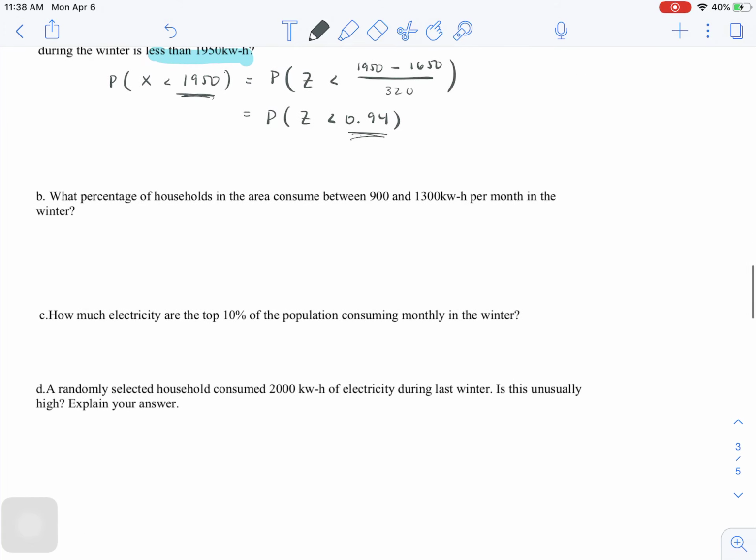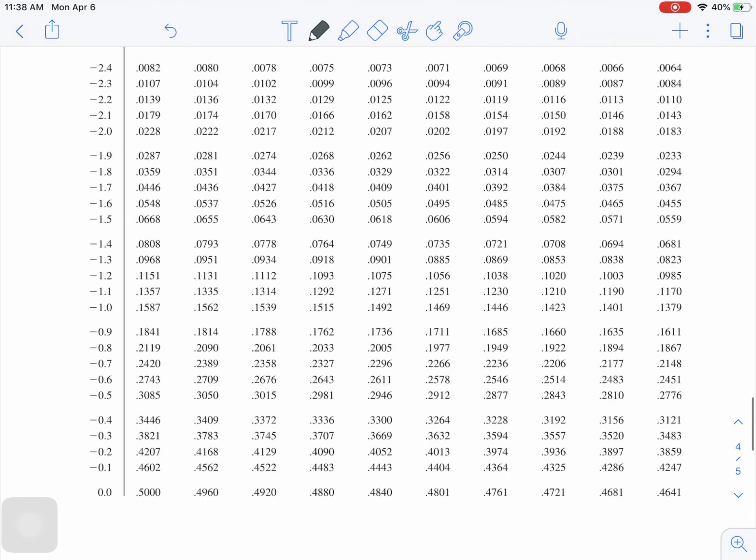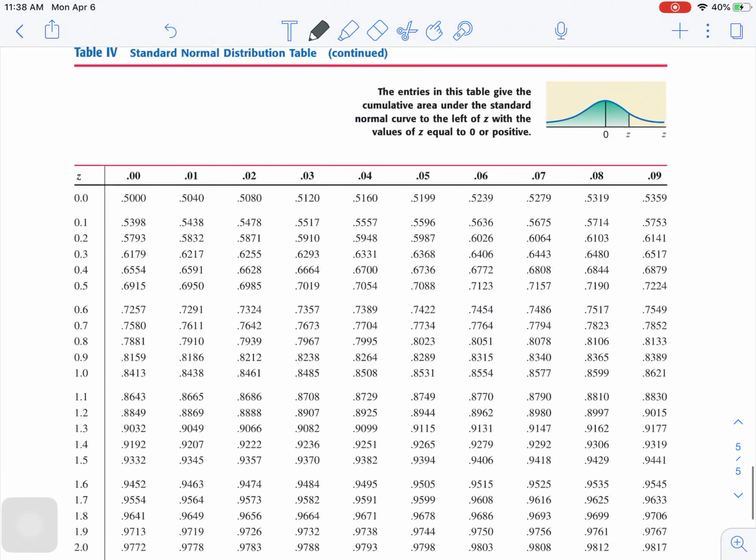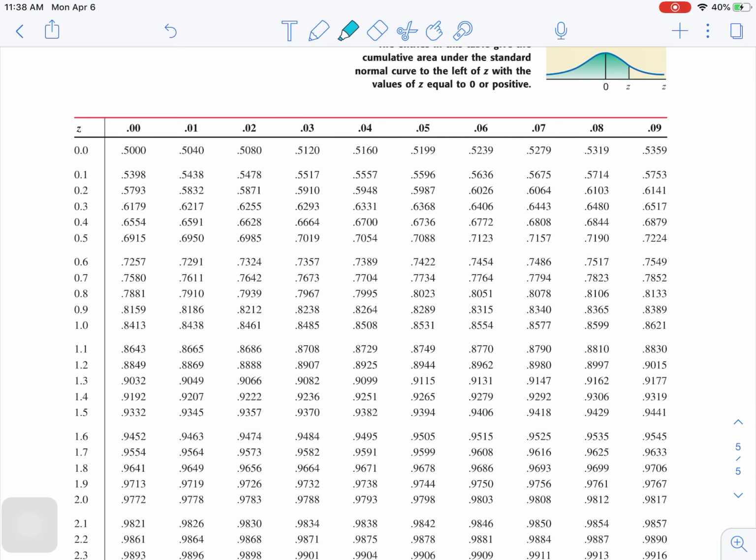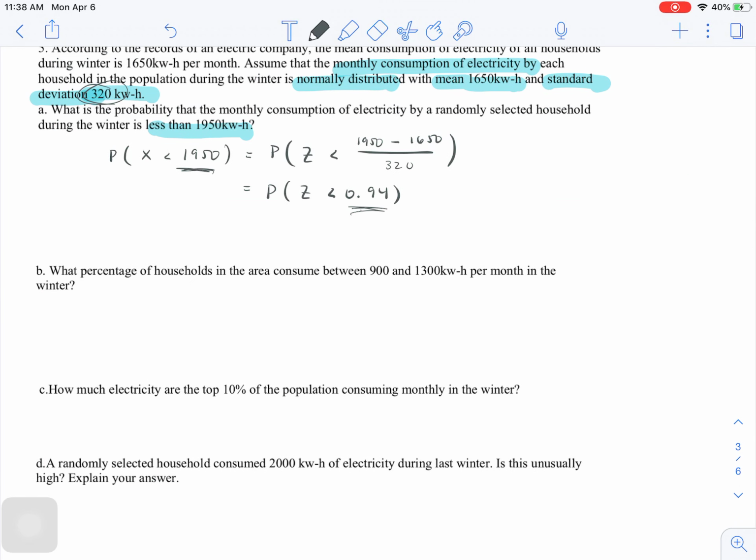I can find that probability from my z-table. So I go down to z equals 0.94, and that tells me that the area to the left is 0.8264. Therefore, the probability that a random household will consume less than 1950 kilowatt hours in a month is 0.8264, or about 82.6%.